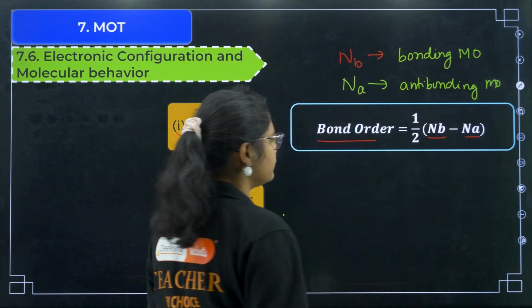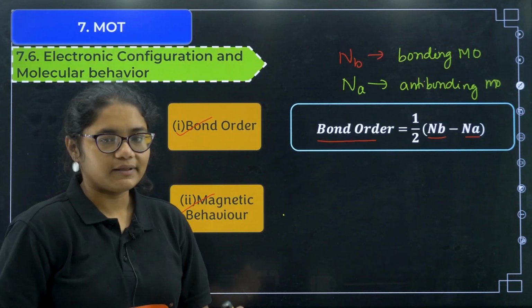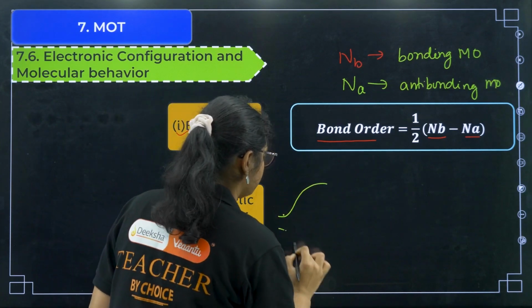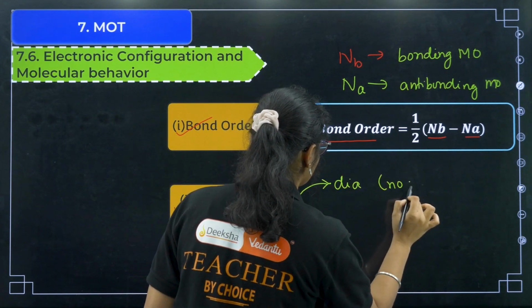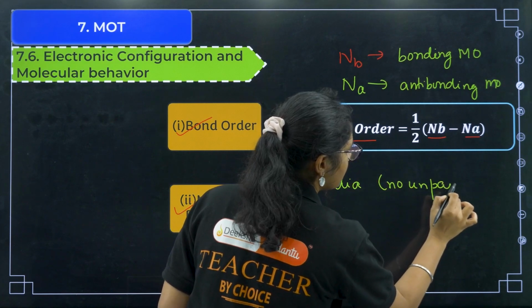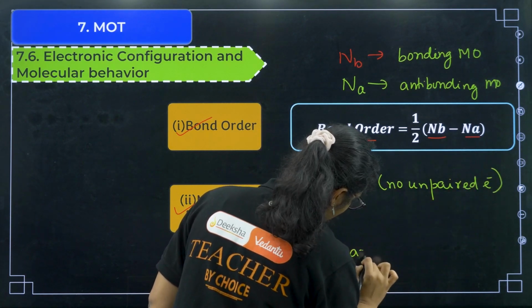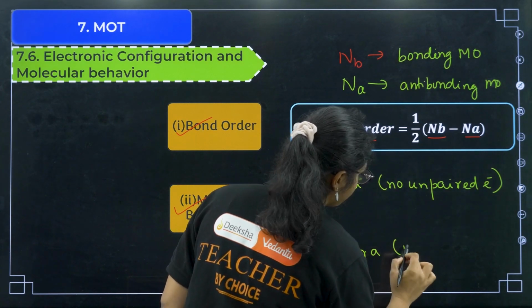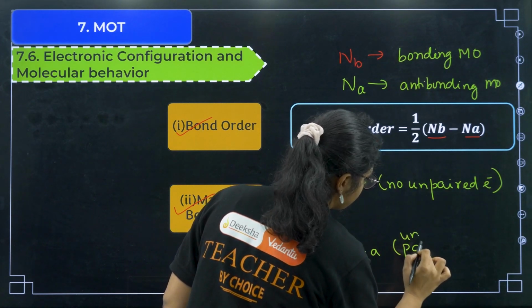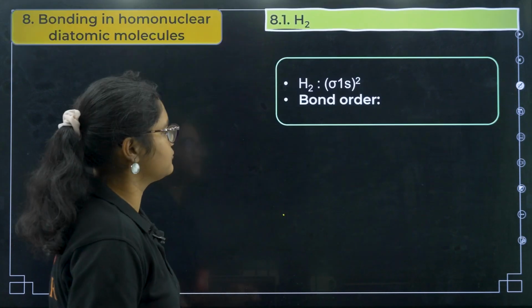Half of that difference will give you the bond order. Next, coming to magnetic behavior, here also we have two parameters. If it is diamagnetic, it means no unpaired electrons. If it is paramagnetic, unpaired electrons are present, okay. When we do questions it will be much clearer.